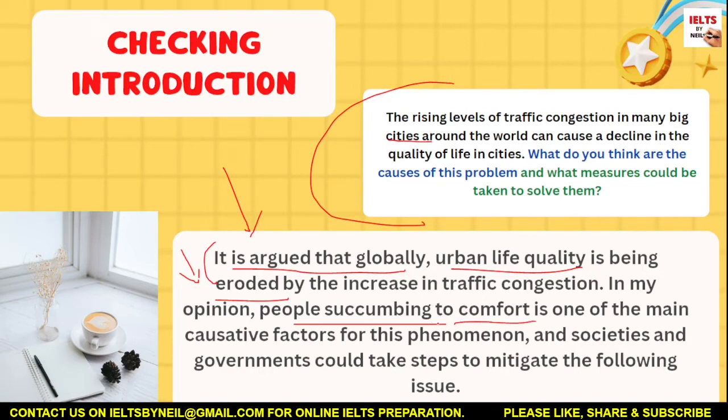The comfort zone means they cannot resist the comfort zone. Causative factor, so this is the problem, and societies and governments could take steps to mitigate. Mitigate means to solve the problems, right? So again, a good range of vocabulary is used, good paraphrasing is done. So in this introduction, there's nothing major that we can see which will affect the band score.